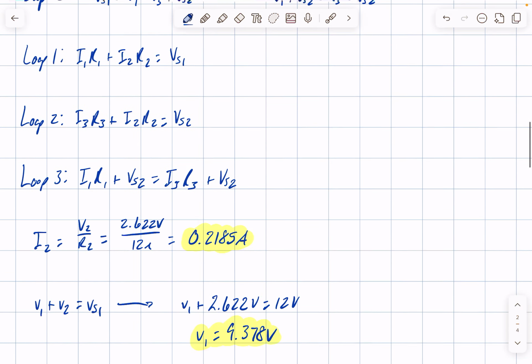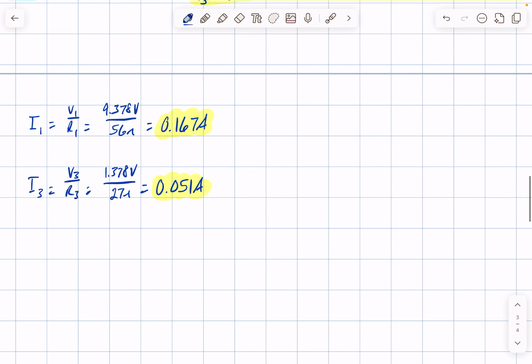So we can say here IS1 is equal to I1, which is equal to 0.167 amps. And IS2 is equal to I3, which is equal to 0.051 amps.